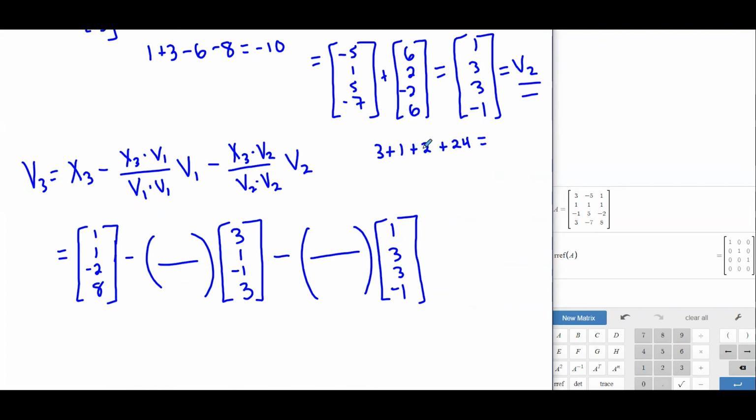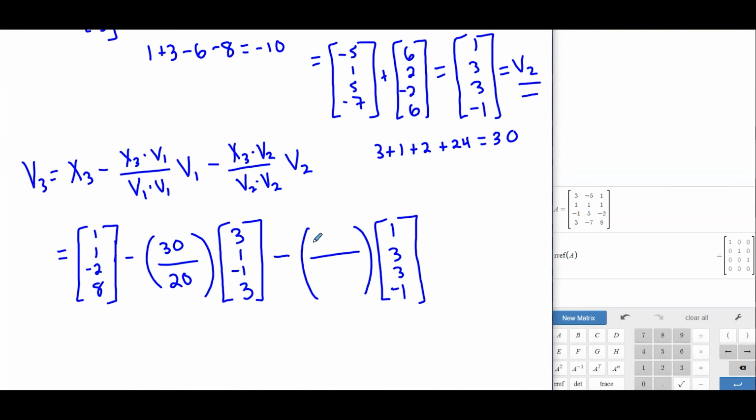That's 4, 6 plus 24. That's going to be 30. v1 dotted with itself is going to be 9 plus 1 plus 1 plus 9, so that's going to be 20, just like we did before.